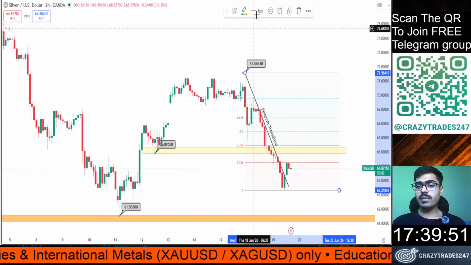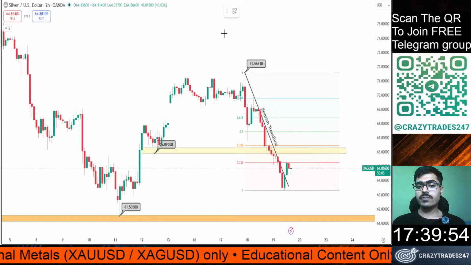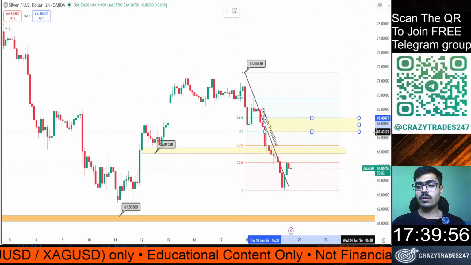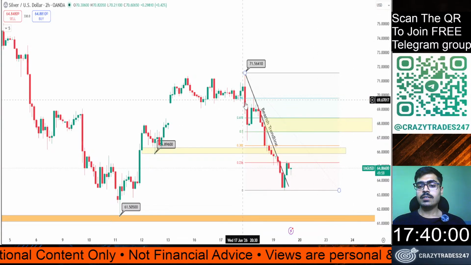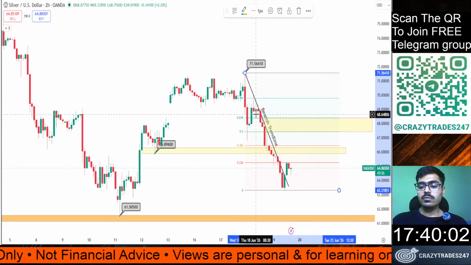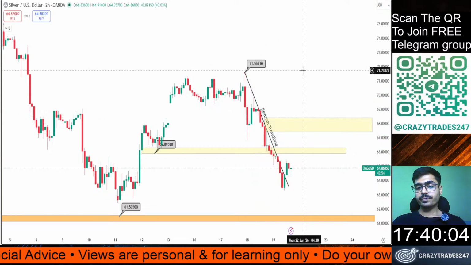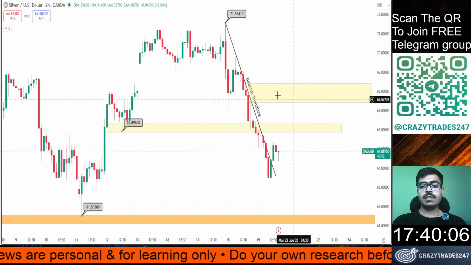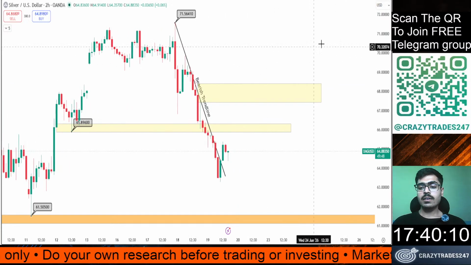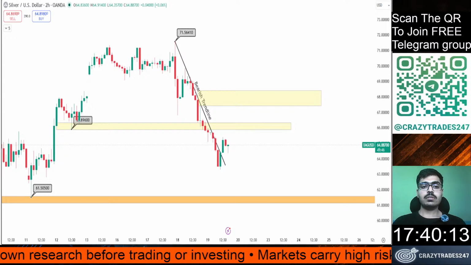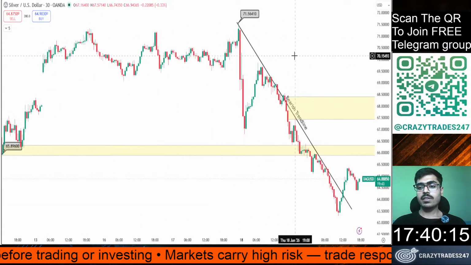So these two levels become our significant and important points to look for. So let me draw a rectangle here so that we could track this as and when price gives an up move.